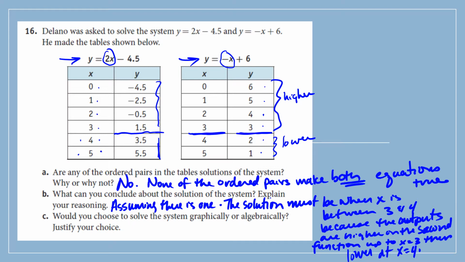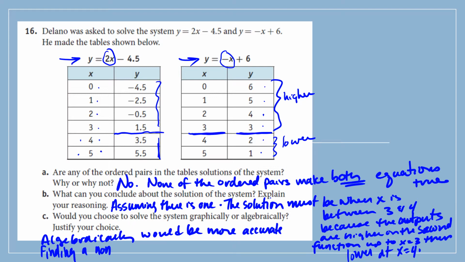Would you choose to solve the system graphically or algebraically? Well, I would choose algebraically. It's going to help me be more accurate, because if those cross between 3 and 4, they don't cross at a whole number, so finding a non-whole solution on a graph is tricky.